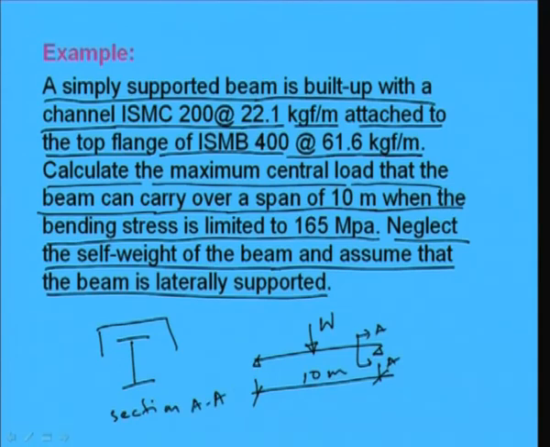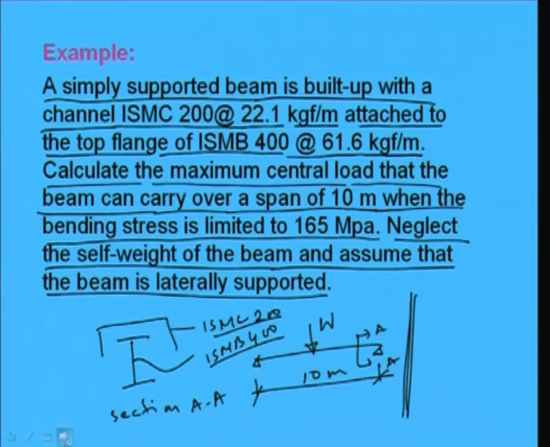This is ISMB 400 and this is ISMC 200. The sections are placed like this, and the loading and end conditions are like this. From this we have to find out the maximum central load that the beam can carry.